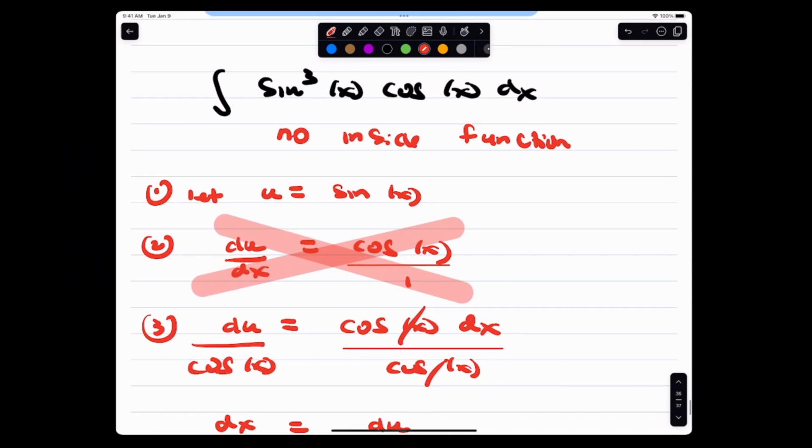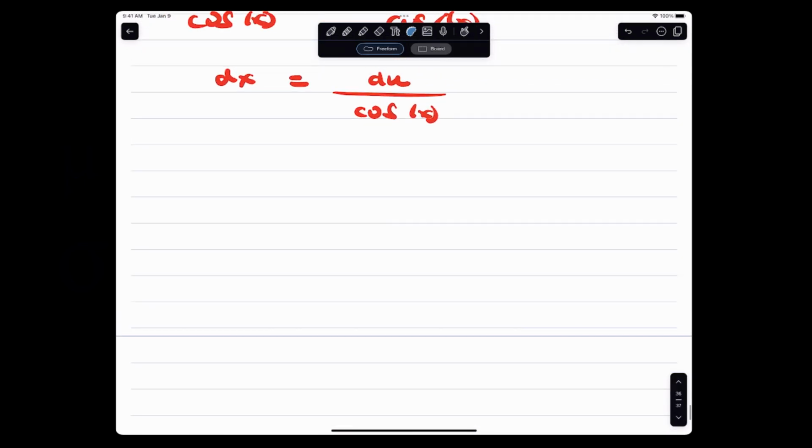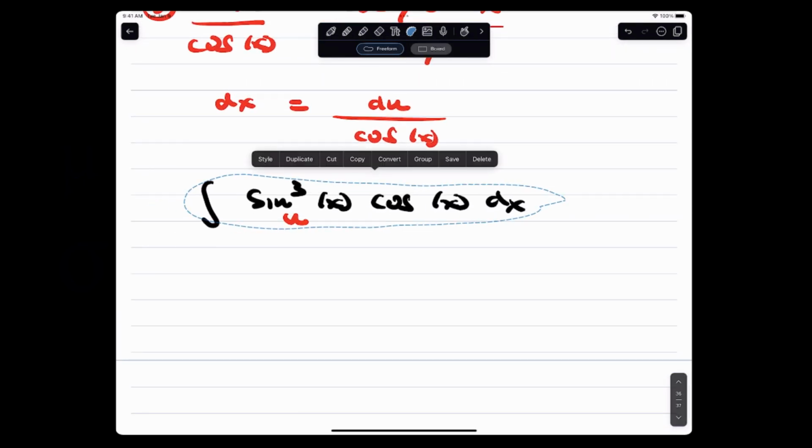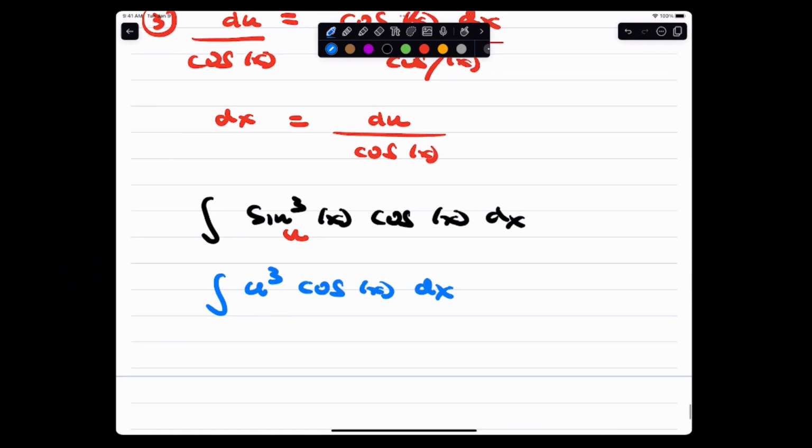So, what happens when I substitute? Do you guys know? This is u here. I'm going to bring it all down. Okay, so your substitution says, does that make this u to the third power times cosine times dx? But don't forget, what is your dx?